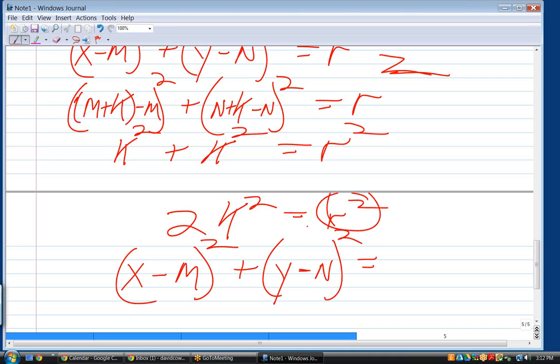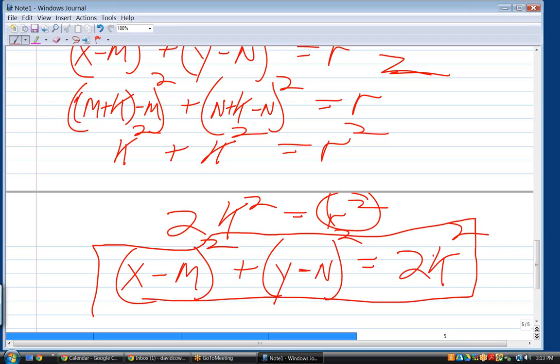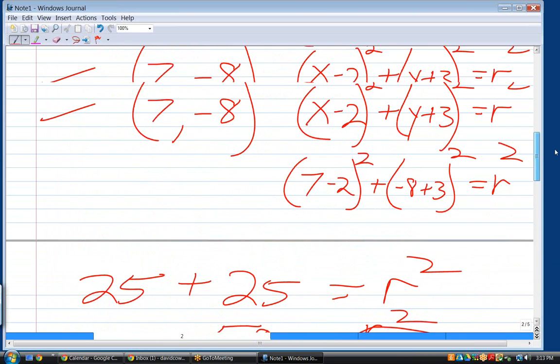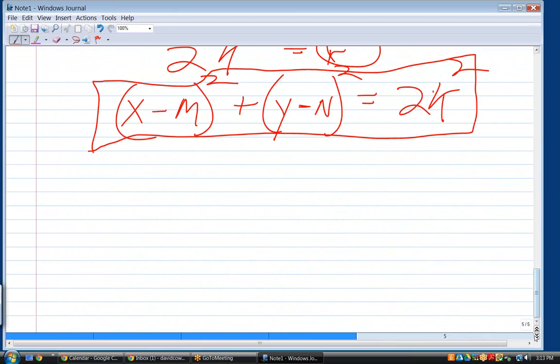And instead of r squared, I'm going to write 2k squared. And that would be the general format. As long as we knew what m, n, and k were, we would have a standard equation of a circle. They purposefully don't tell us what it is just to make us better.